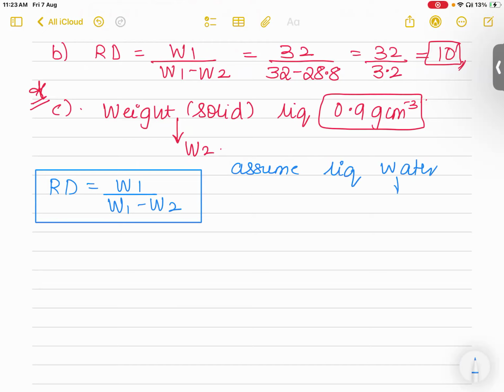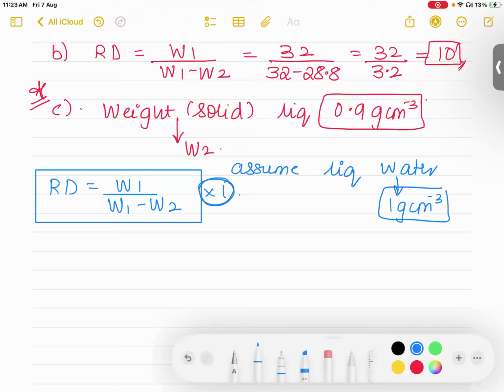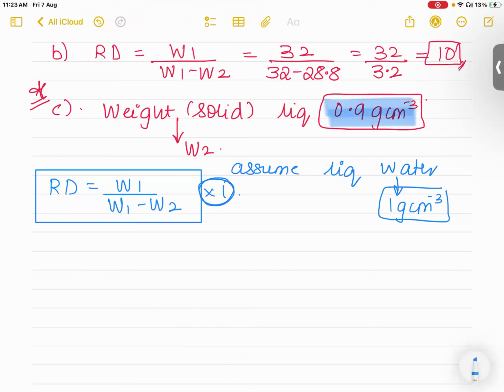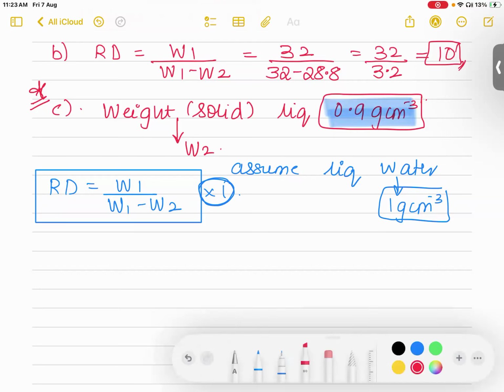Since the liquid is water, we take its density as 1 g cm raised to minus 3, so we multiply by 1, but we don't show this part. In this situation, students, there is some other random liquid that is not water. It is something else whose density is 0.9.